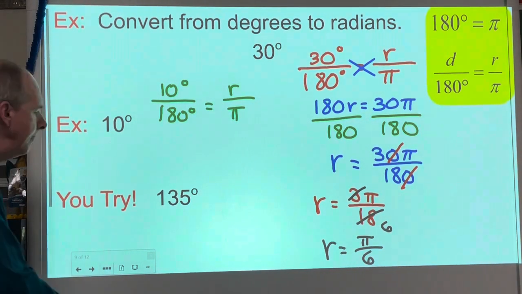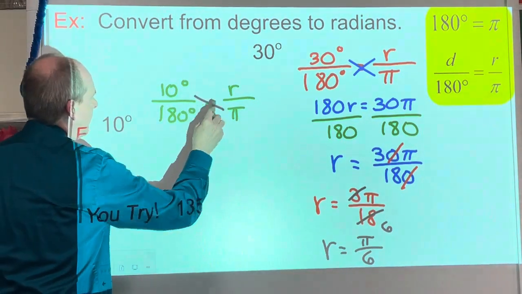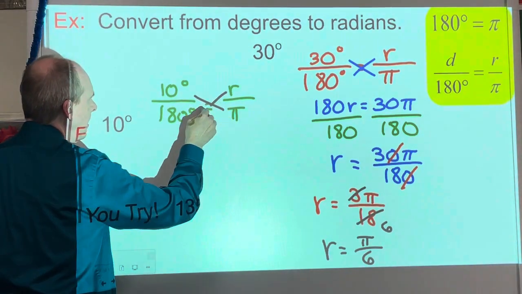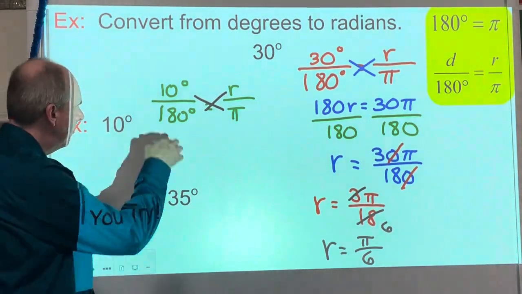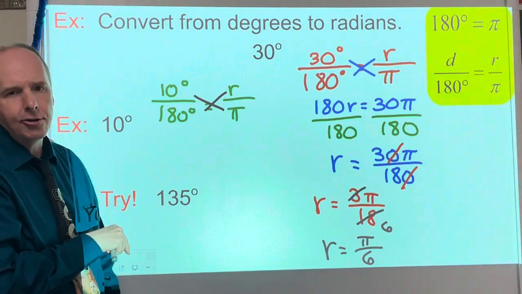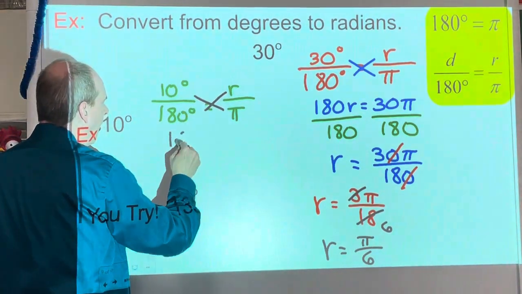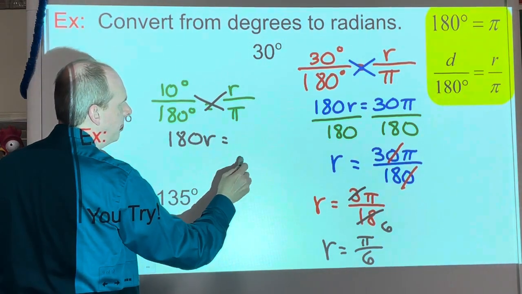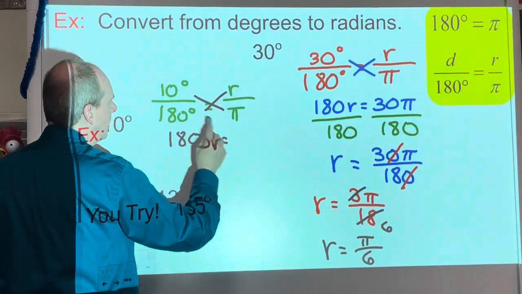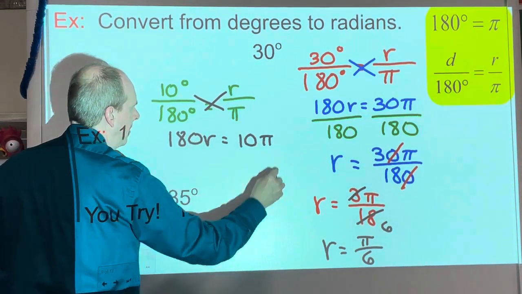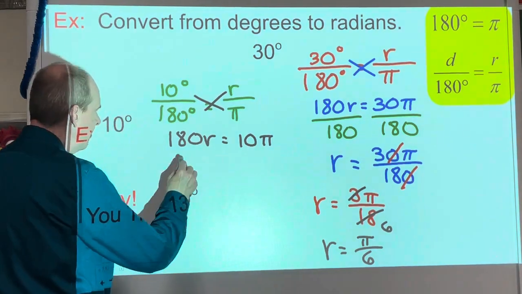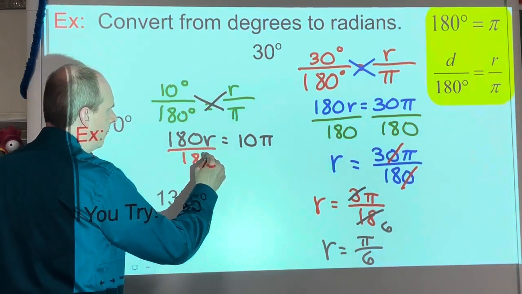Cross multiply. 10 times pi, 180 times r. Degrees over degrees cancel out. So 180r, that seems familiar, equals 10 pi. What's next? Divide by 180, divide by 180.